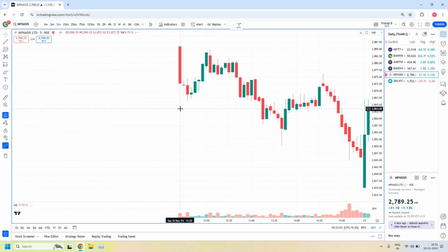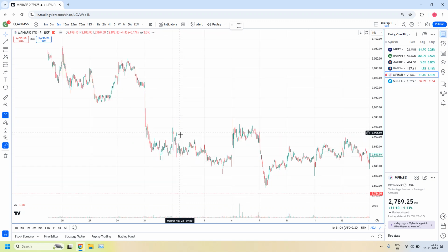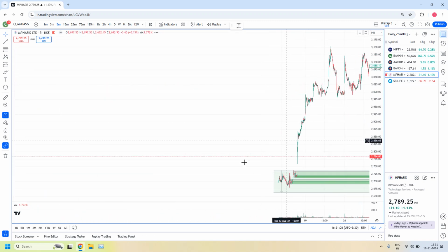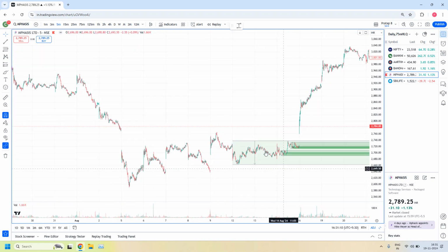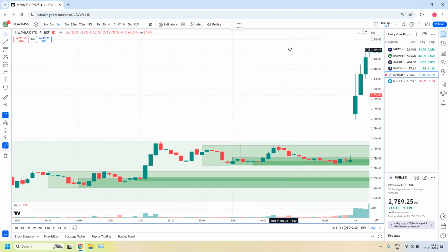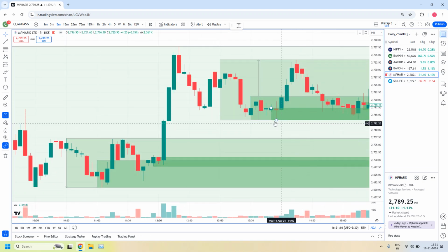Okay, next the 5 minutes time frame. This is the actual institutional order flow. This we need to understand. Here you have a drop, 1, 2, 3 base candles and a rally with follow through candles.